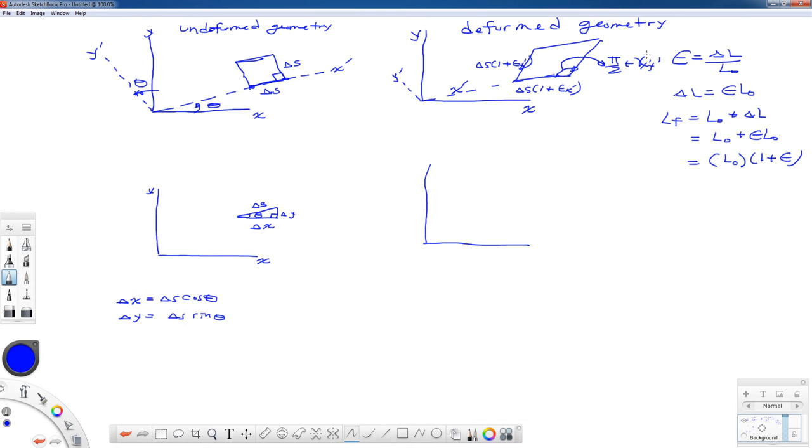In a similar way, I want to draw a triangle underneath of this picture, where this is the long side of the triangle. Like I said, it won't be a right triangle anymore. It'll be like what this triangle would look like when it's deformed.